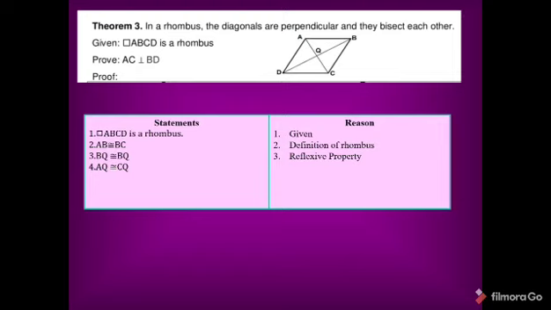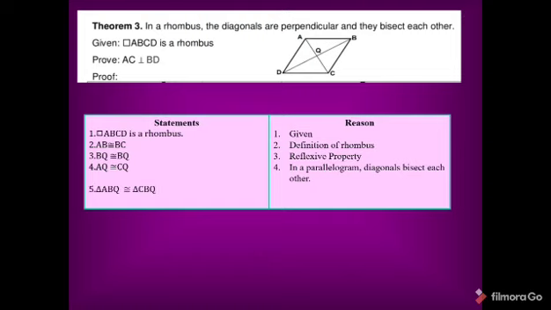Now, what would be our fourth reason for the statement AQ is congruent to CQ? Yes, in a parallelogram, diagonals bisect each other. So remember that one. The diagonals bisect each other.